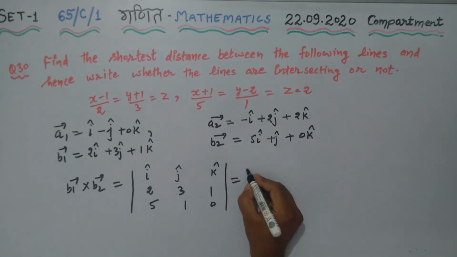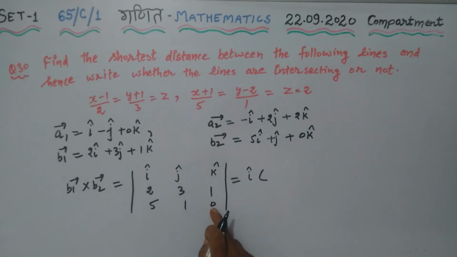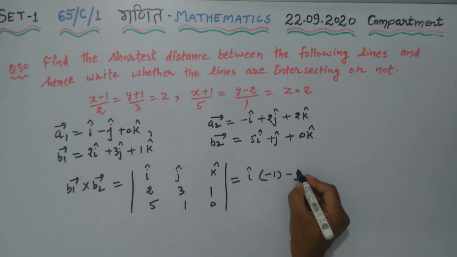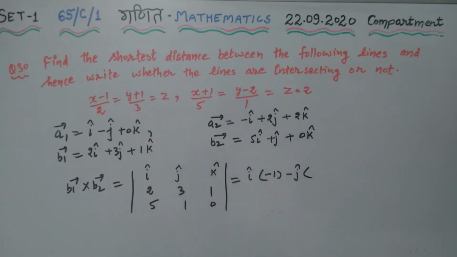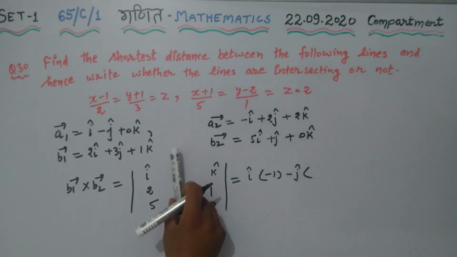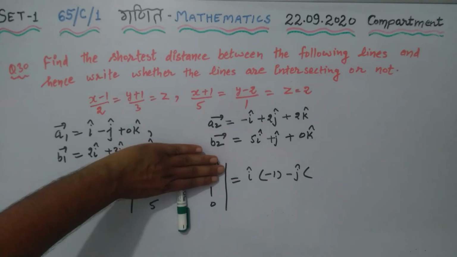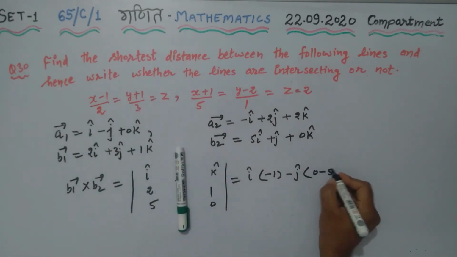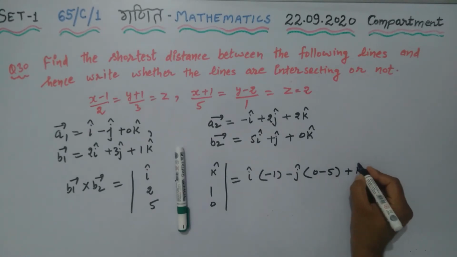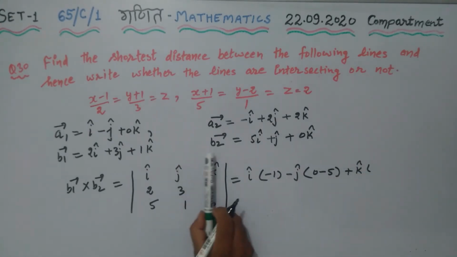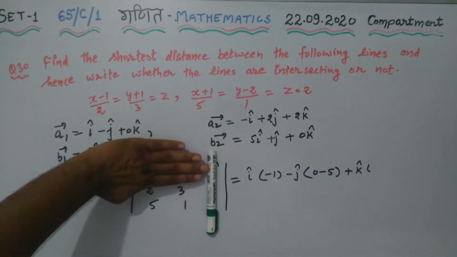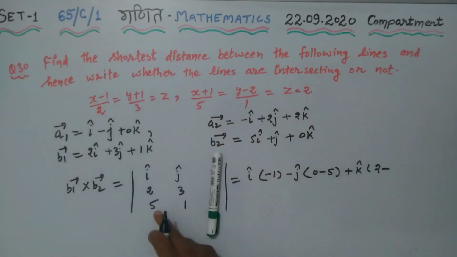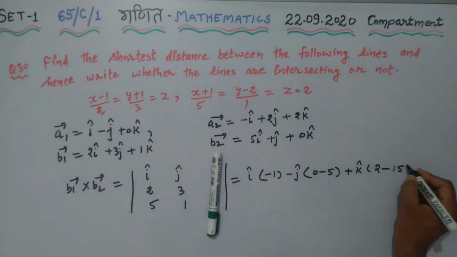Solving this: i cap into (3 into 0 minus 1 into 1), minus j into corresponding to j, row and column are eliminated, (2 into 0 minus 5), plus k cap, row and column are eliminated, (2 into 1 minus 5 into 3, that is 15).